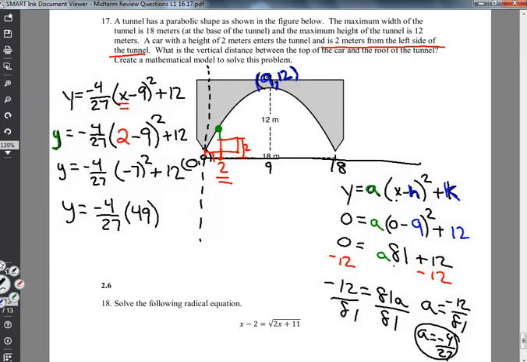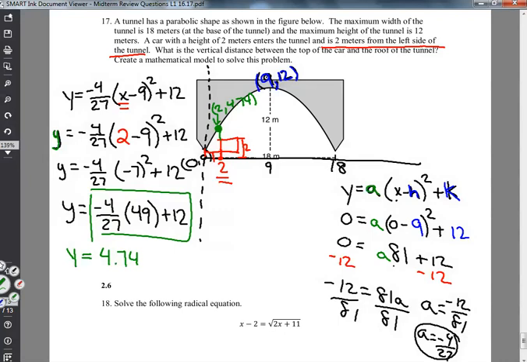Please be careful. And if I put all of this into my calculator to get a number, there's going to be some decimal, I'm going to get y equals 4.74. So this point right here is 2 comma 4.74.